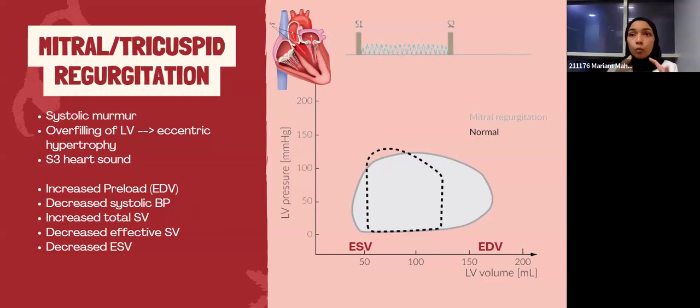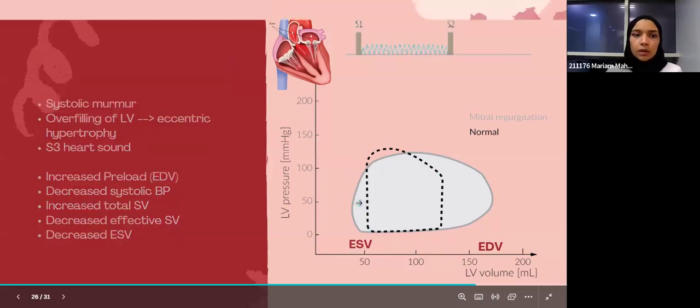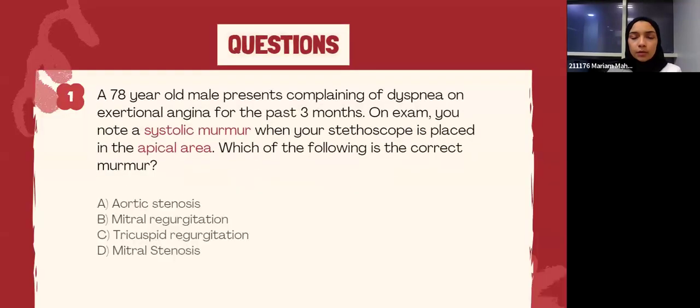So the ventricle is pushing more blood, but it's not all effective. The effective is the blood that's going to the aorta. So there's a decreased effective stroke volume, and there is a decreased end systolic volume because less blood is left in the ventricle. Okay. So any questions?